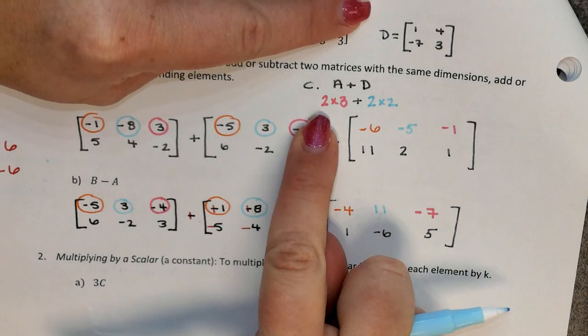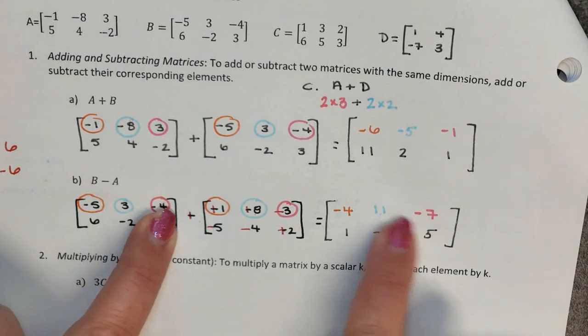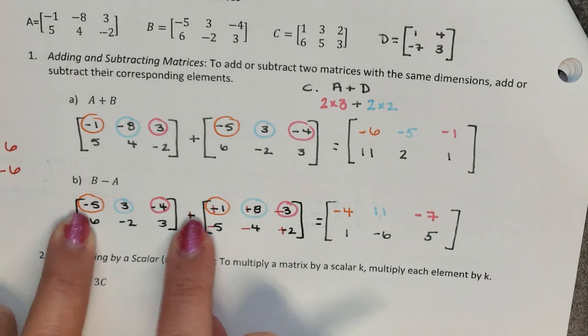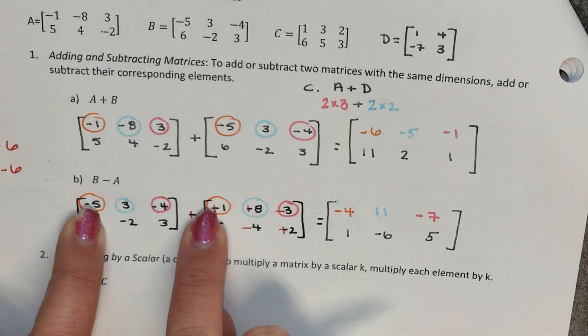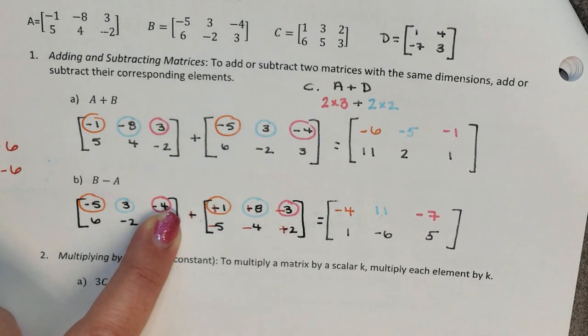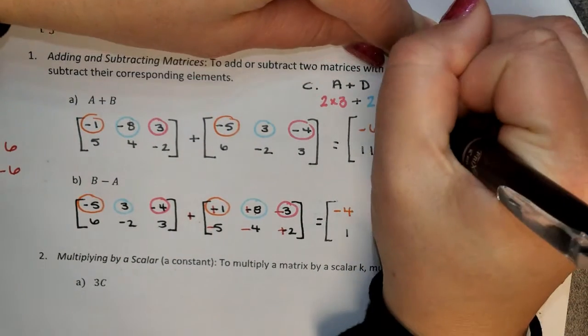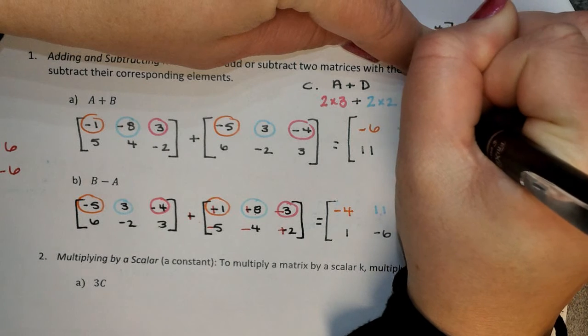When we draw out the 2 by 3 and a 2 by 2, is each element going to have a corresponding element? Like how we had here. These two are in the same spot, these are in the same spot, these are in the same spot. Is that going to work if we don't have the same dimensions? No. So if we have something like this, what we have to say is that this is not possible.